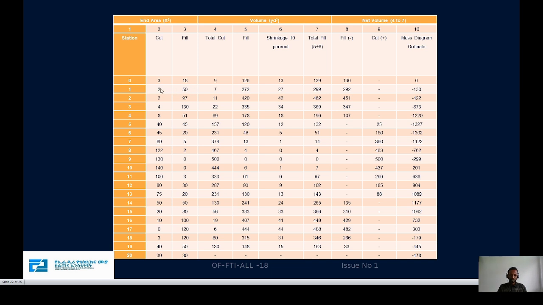The second volume is calculated by 2 plus 2 times the distance, 100 over 54, which is 7. The third one is 20 plus 4, times 100 over 54, which is 11.